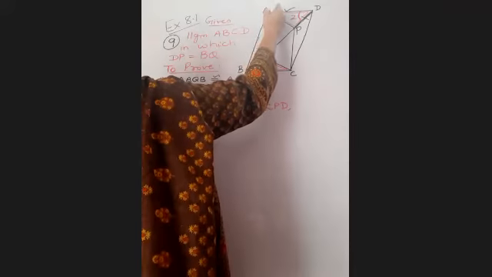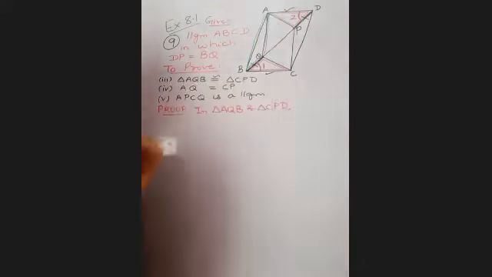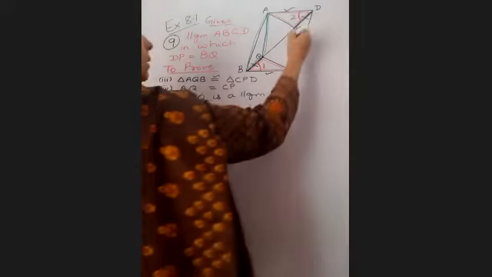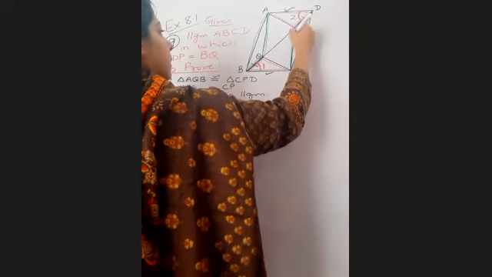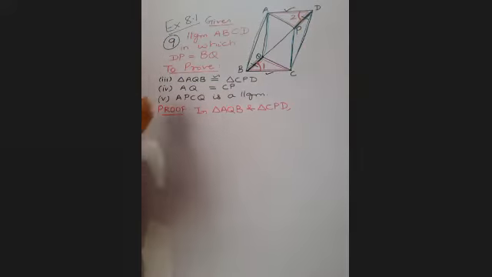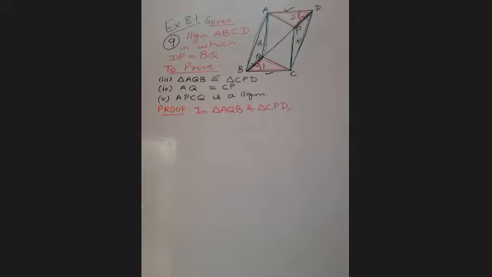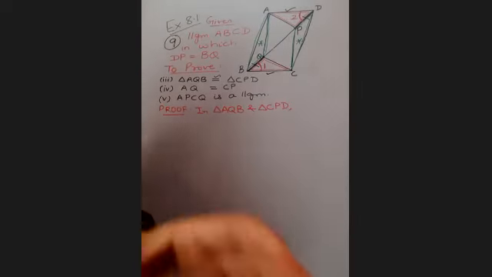AQB, if I just trace, it is going to be this triangle, and CPD. So now I have to take care of these two triangles and need to prove them to be congruent.